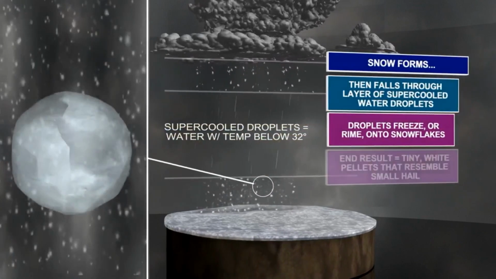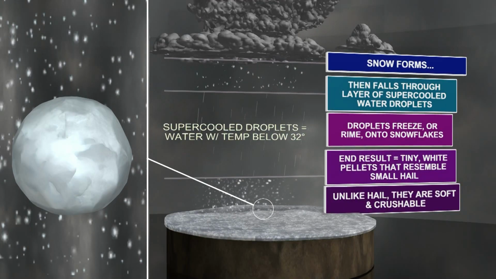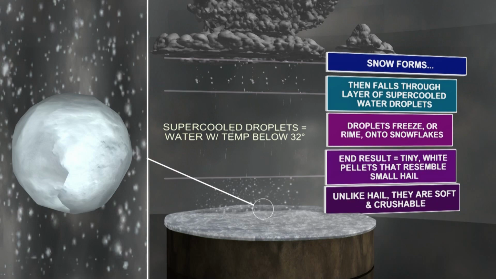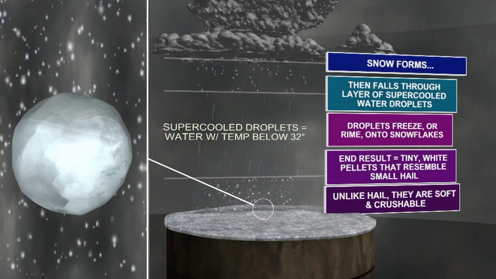They freeze or rime onto the snowflakes, and the end result is these tiny little white pellets that reach the ground. They often give a bit of a slushy texture, so not as hard as what you would see with hail. Graupel we typically see more so in the early winter months, late autumn months, or maybe even early spring when we get some showers and storms to come on through. So that's usually a good indicator there.